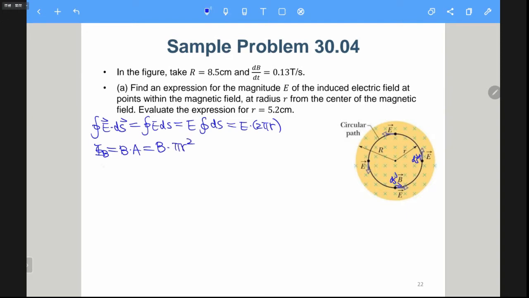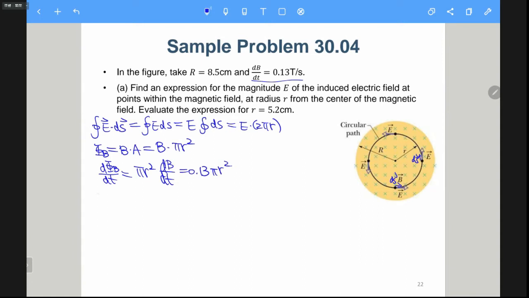Next we need to take the derivative of phi b with respect to time. Pi r squared is a constant, and then we have dB/dt, so we take this value, and it will be 0.13 pi r squared.